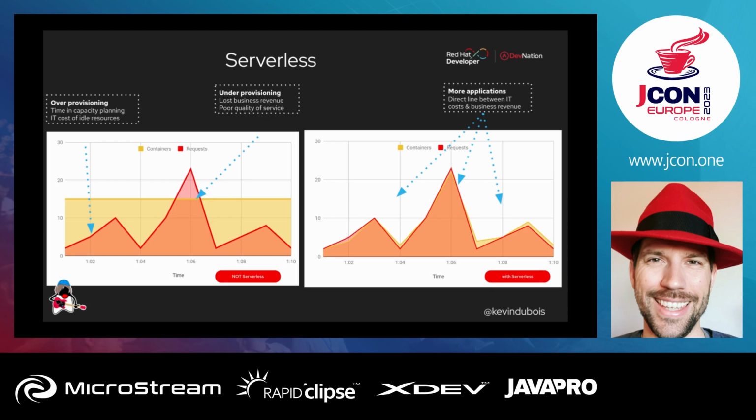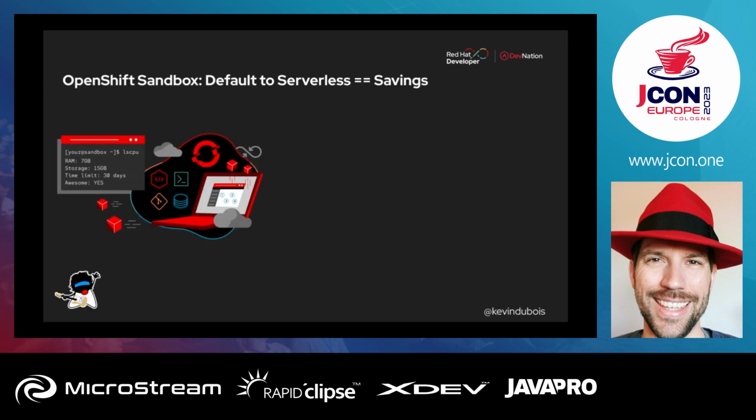And then you can see there's such a big spike at some point that you're still under-provisioned. So even though most of the time you're running too many resources for what you need, you still don't have enough for certain cases. And so serverless ideally can scale very quickly just based on the demand of the exact moment, and that's where it's really nice.